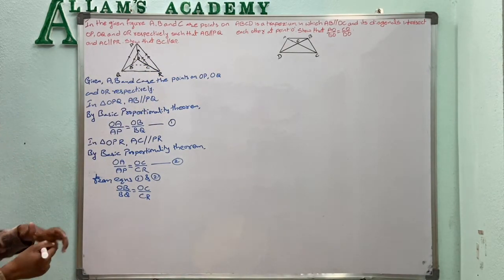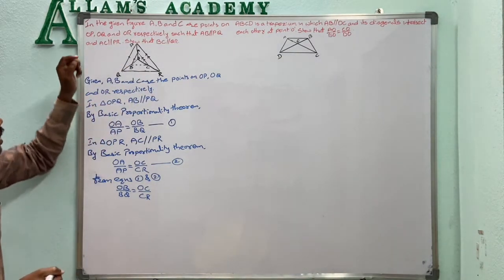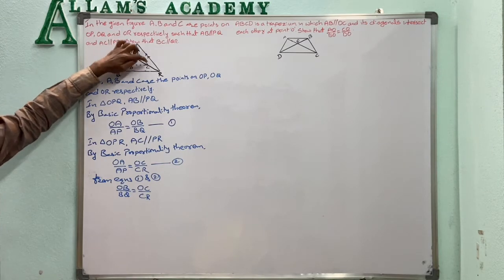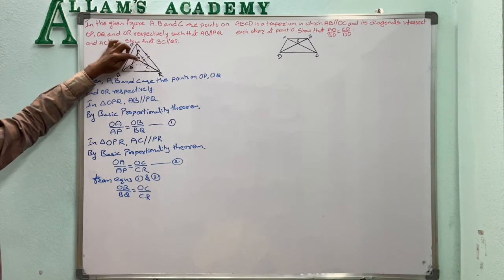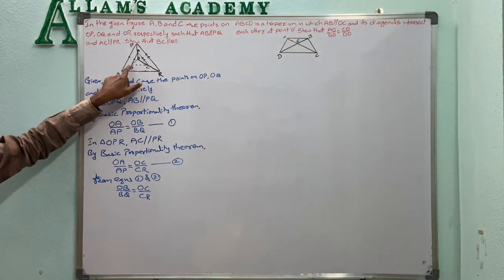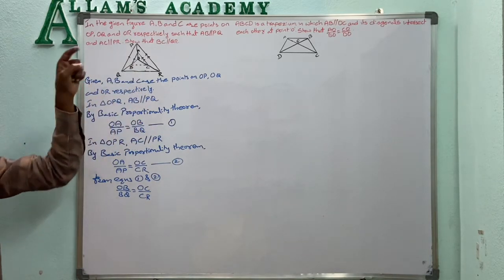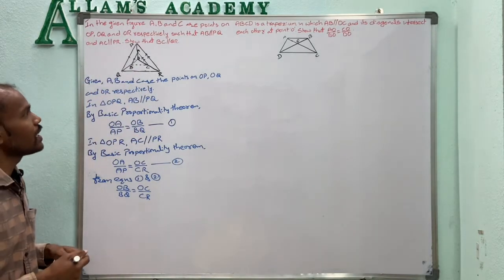So in triangle OQR, if we observe, two points divide two sides in equal ratio, so the line segment joining those points is parallel to the third side, by the converse of the basic proportionality theorem.